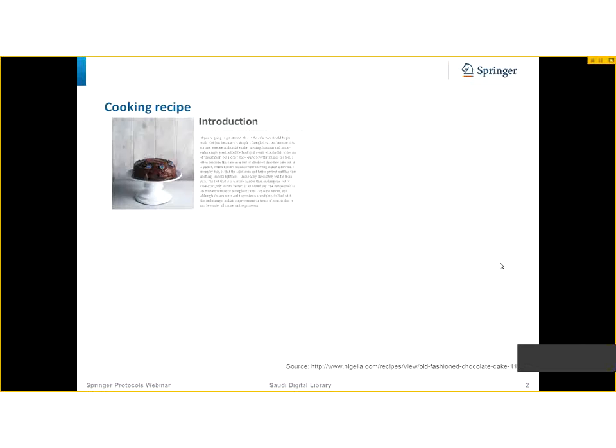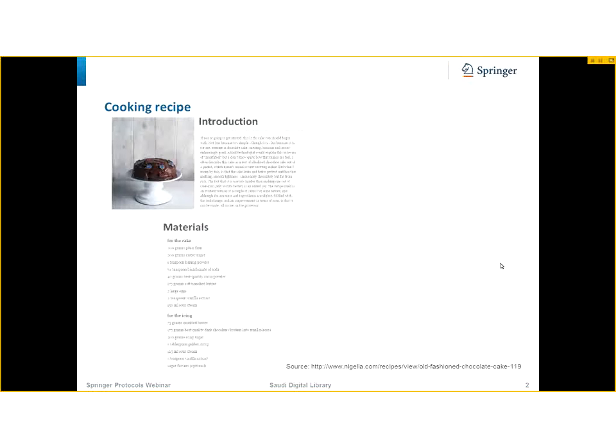So for this you need a good recipe, and a good recipe contains a lot of information, all the information that you need to actually bake this cake. It has an introduction where it gives you an overview of what you're going to do. It also gives you a list of materials, everything you need, like all the amounts of each ingredient that you need.